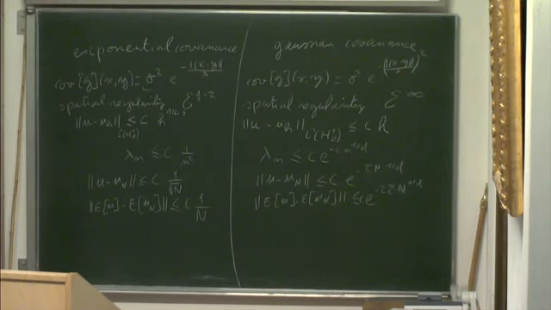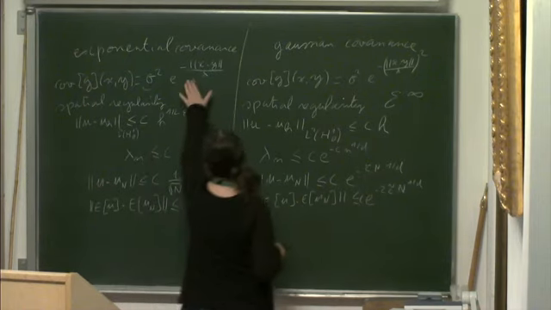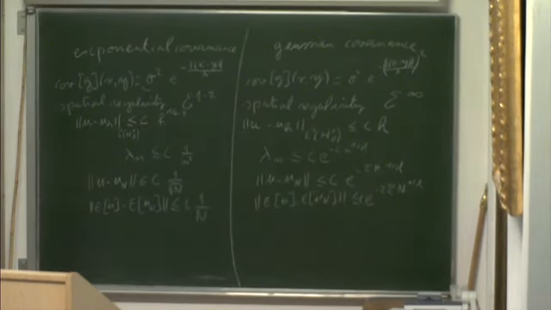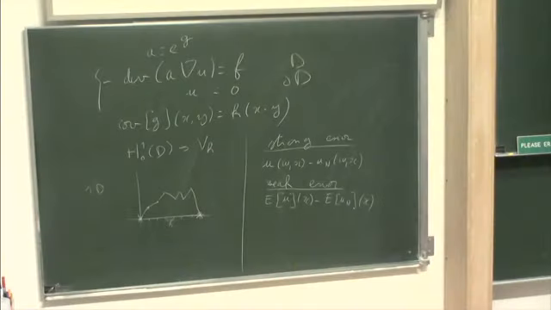So I just wanted to conclude with a simple numerical experiment, in this case the exponential covariance in 1D. I compare the expected value of u and un, as functions of x.